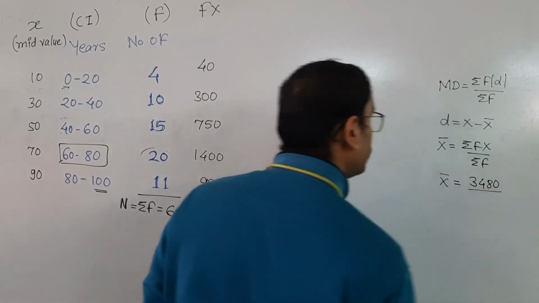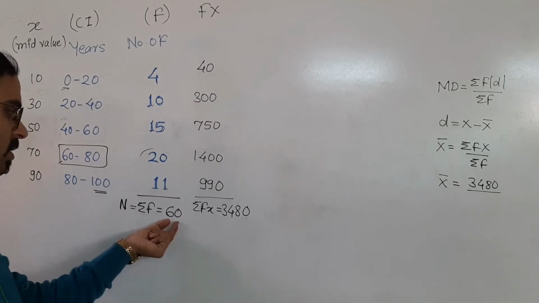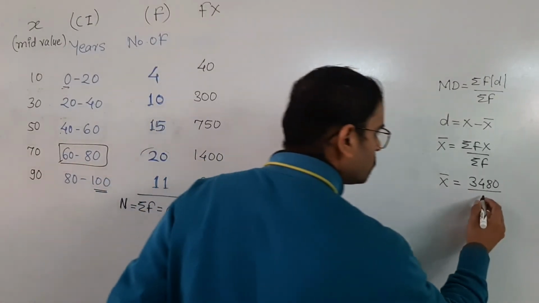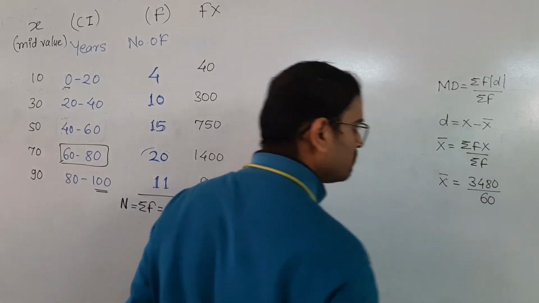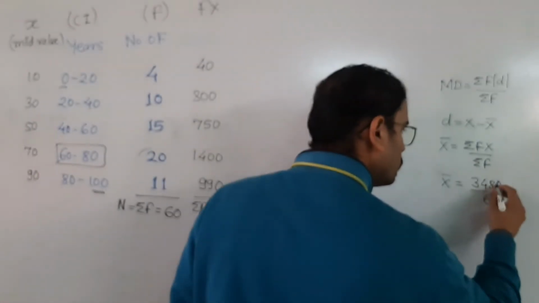3480 divided by summation f. We need to calculate, and summation f is nothing but 60. Just calculate it. 0 0 will be cancelled.